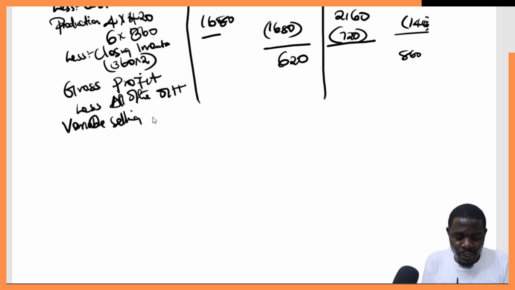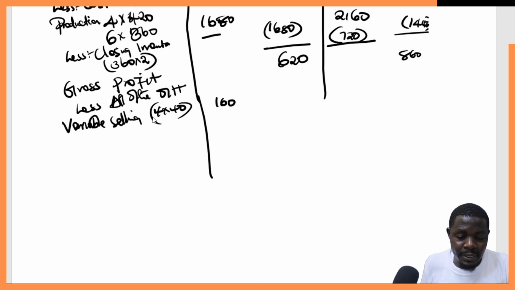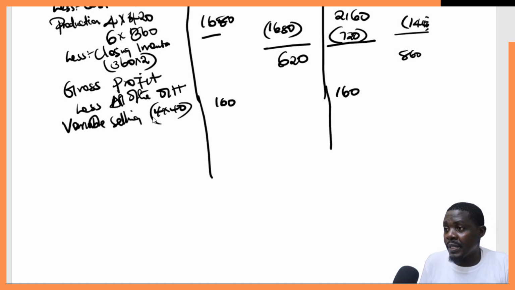In 2020, we sold 4,000. Now it has 40 multiplied by 4, we have 160. The same case, I guess it's what we sold in 2021. It's going to be 160.